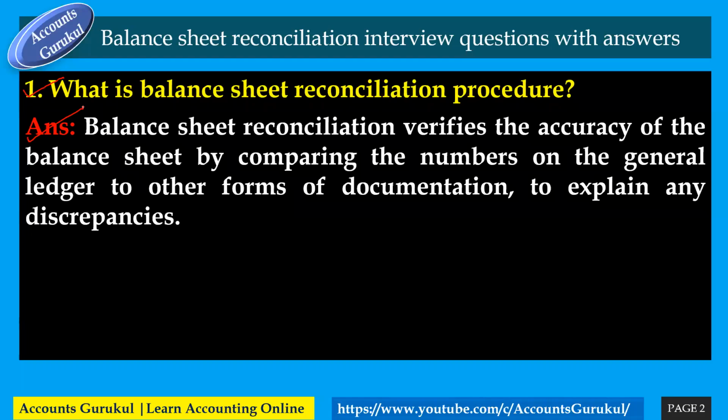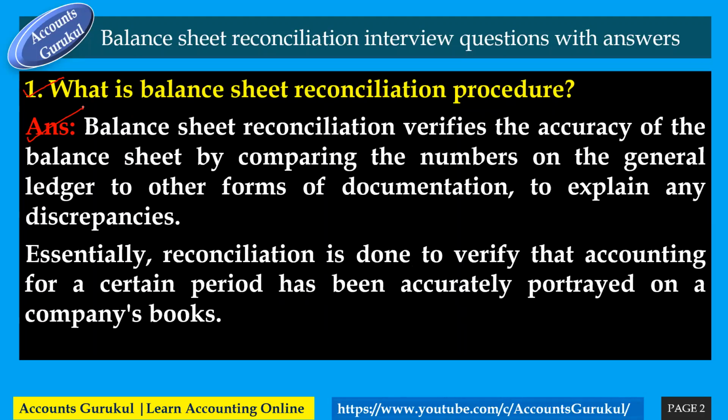The balance sheet reconciliation does the verification between two sets of different books to find out if any differences or discrepancies are there. Essentially, reconciliation is done to verify that accounting for a certain period has been accurately portrayed on a company's books. So that's the meaning of balance sheet reconciliation.